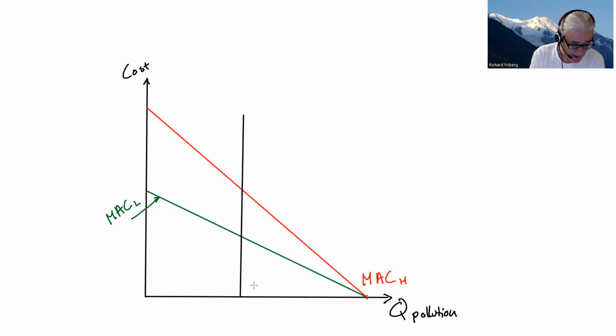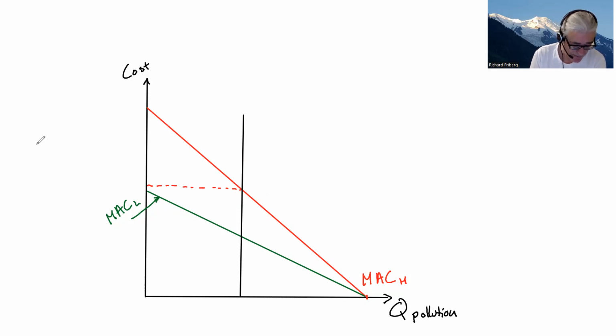At this quota, what's the marginal cost for firm H of limiting pollution there? Well, it has a fairly high marginal cost. So this is the marginal cost of limiting pollution for the high cost producer.